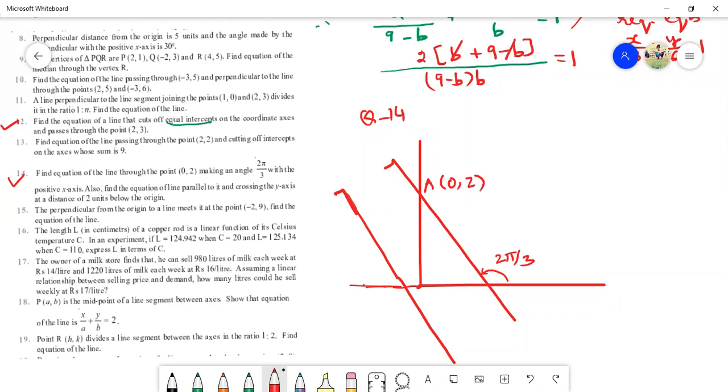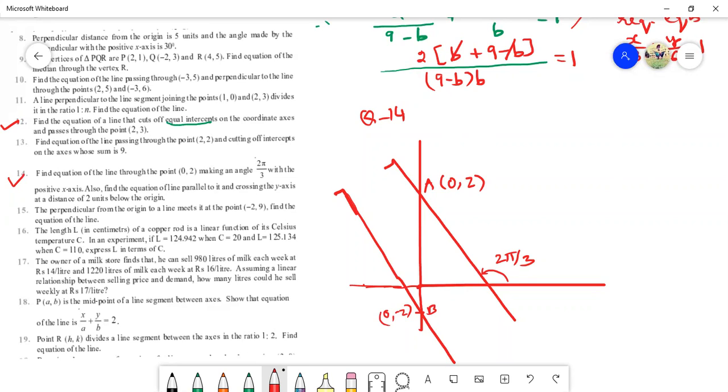And another line is crossing the y-axis at a distance of 2 below the origin, so this point will be 0, minus 2.